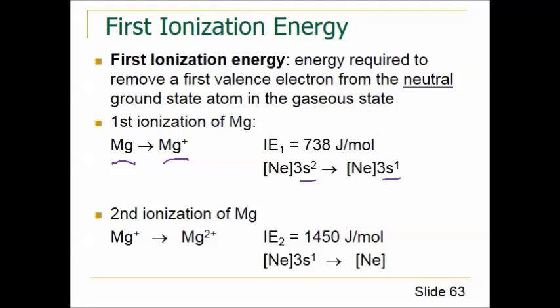One thing you'll want to note, and we're going to come back to this later, is that the second ionization energy, the third, the fourth, increase. So the first ionization energy is always the smallest for an atom, and as you keep taking away electrons from that atom, it gets harder and harder. So the ionization energies get larger. So for this discussion now, we're only going to focus on the first ionization energies.